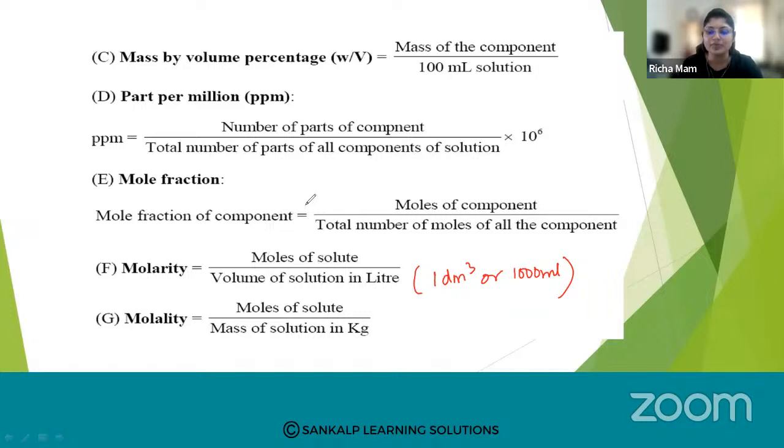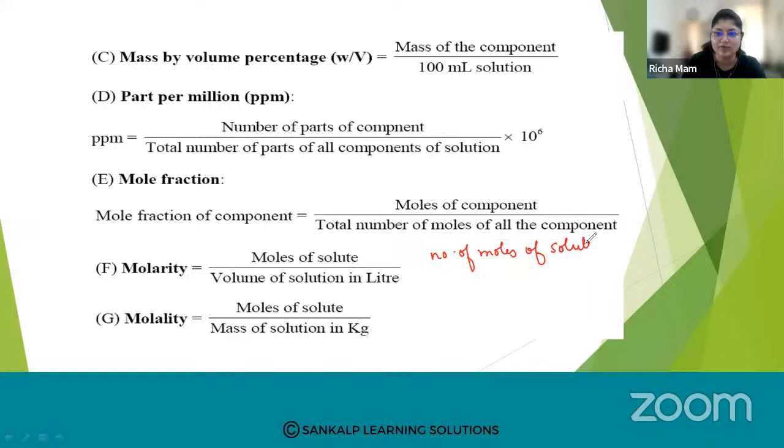Now see here itself: number of moles of solute divided by volume of solution in liters. Now, if I don't know the number of moles, how do I calculate it?